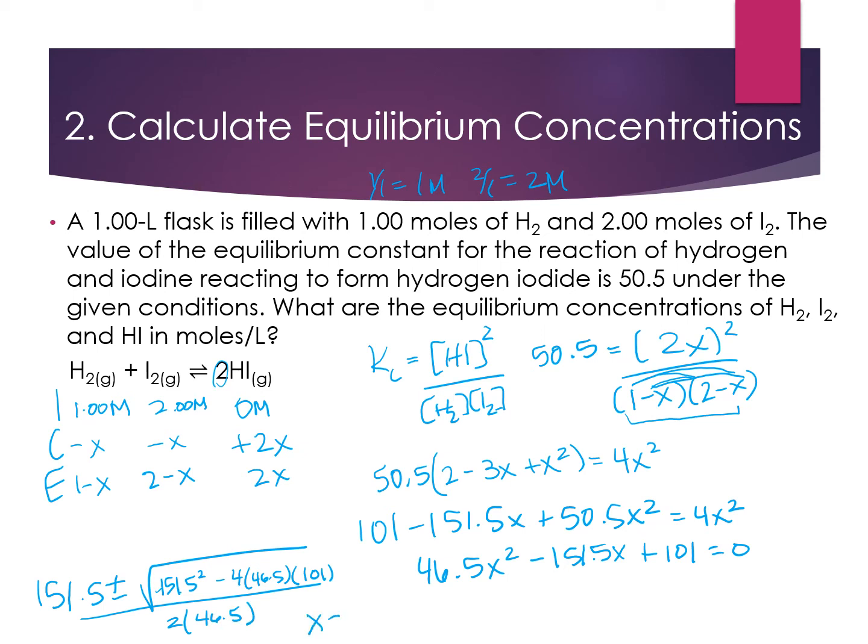I'm going to get two possible x values, 0.935 and 2.323. Now in this case, neither of these are negative.